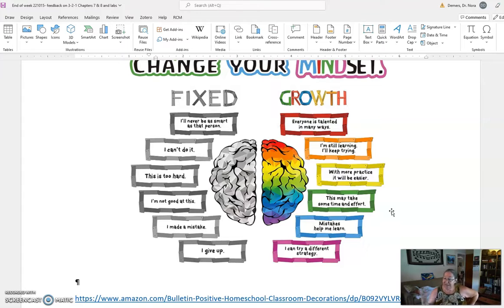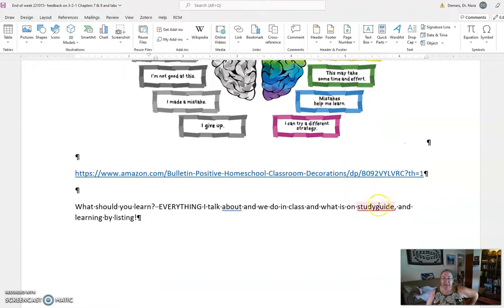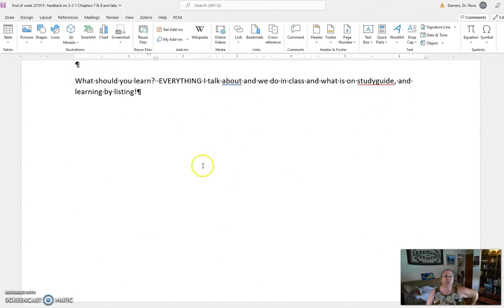But I like carrots better too, which are the games and the action. There's a link to it. Stop asking what you should learn. Everything. Anything I talk about, anything you do in class, anything on the study guide. For the learning outcomes, go back to the syllabus because it has them specifically stated.